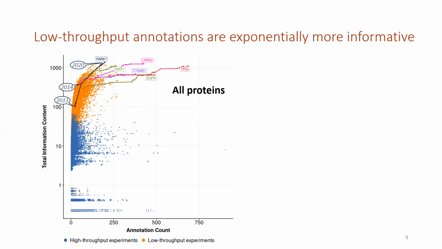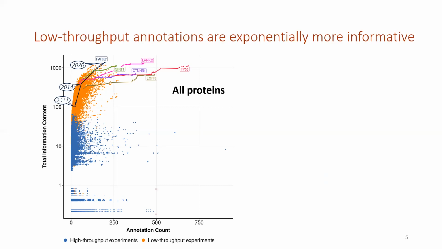For the remaining 5 proteins labeled here, there could be a saturation effect where the total information content is not linearly increasing with annotation count. Also, the low throughput annotations are exponentially more informative than the high throughput annotations, because we see a lot of orange dots on the top.